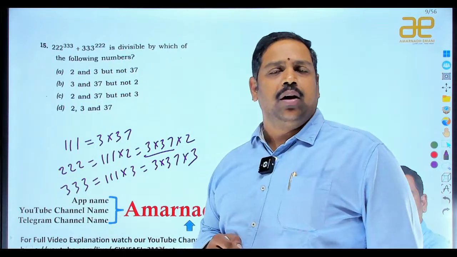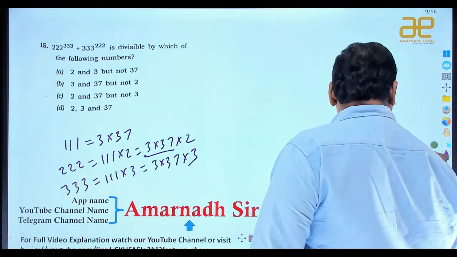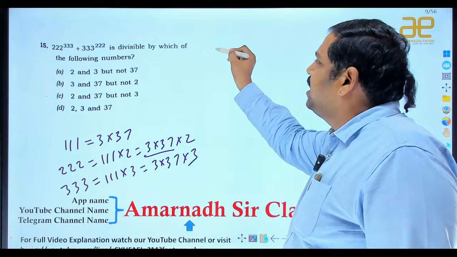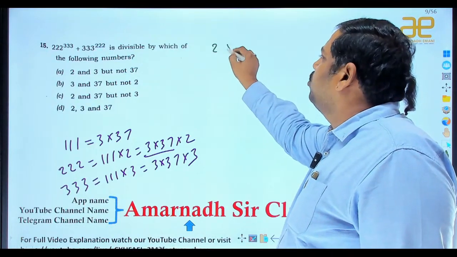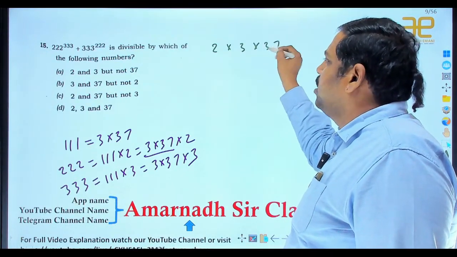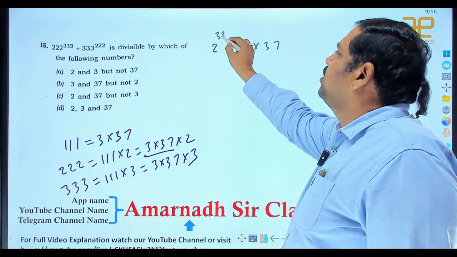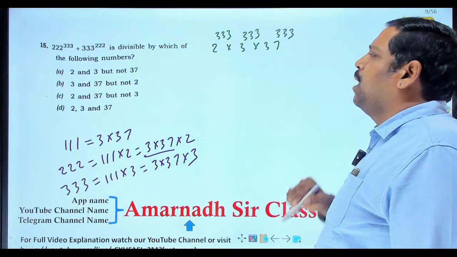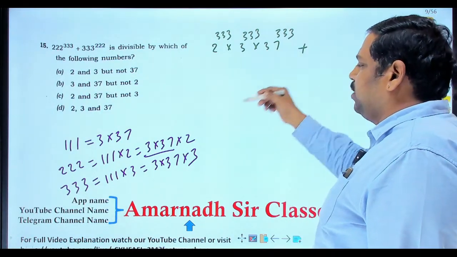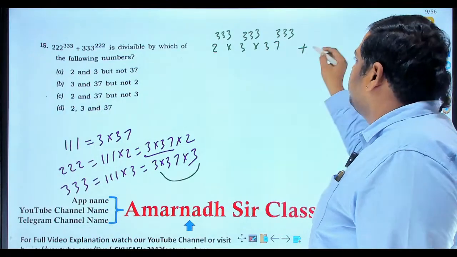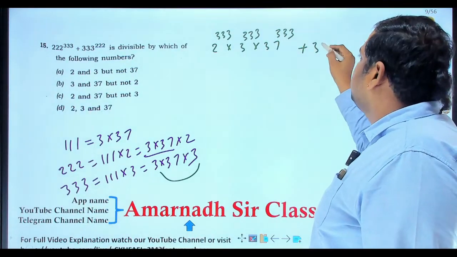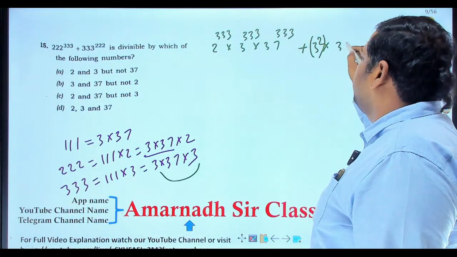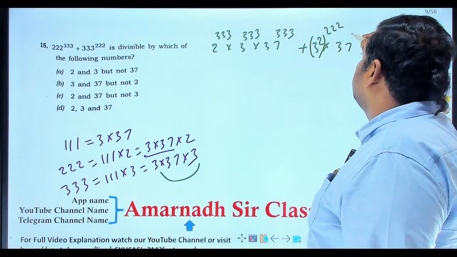Now, triple 2 I can write as 2 into 3 into 37, and the power is triple 3. So we get 2 power triple 3, 3 power triple 3 and 37 power triple 3, plus triple 3, which we can write as 3 into 3 only, that is 3 square, followed by 37 with power triple 2.